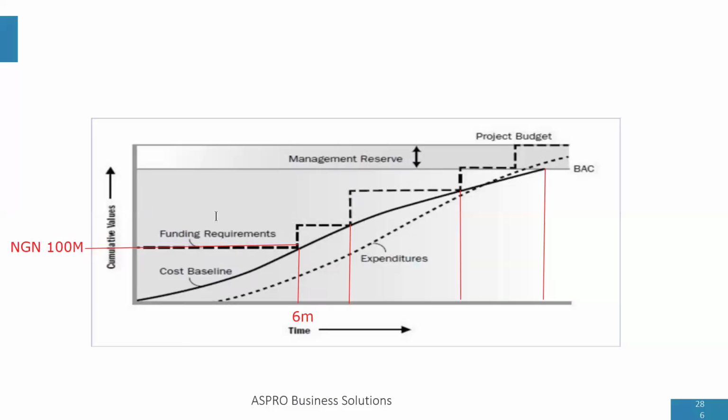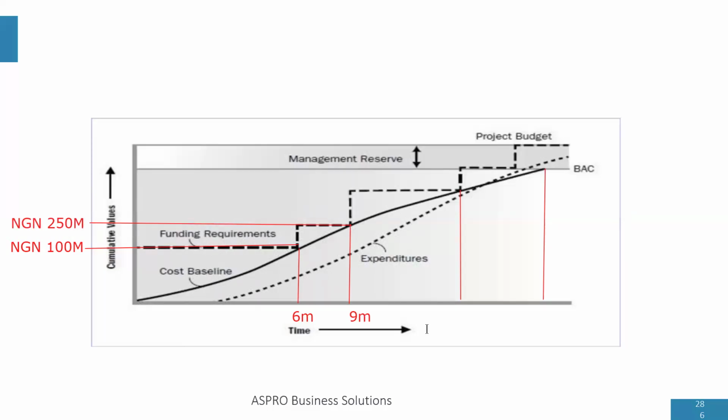Then let's say 9 months into the project, we finish the next phase, and in that phase, the total amount we'll have spent from the beginning of the project is about 250 million.